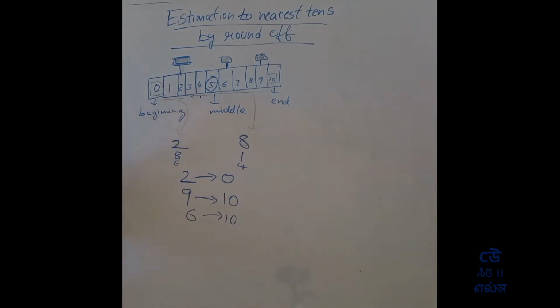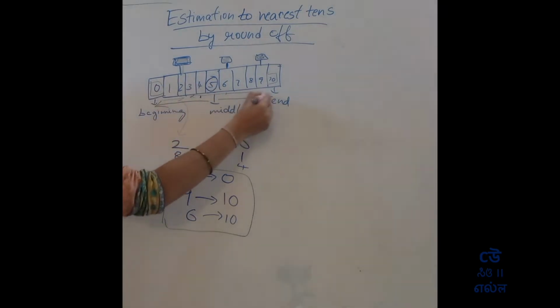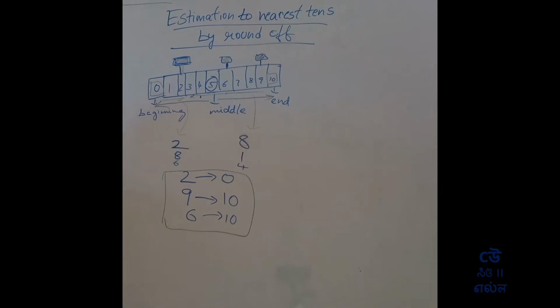If you get a smaller number on the left hand side, then you will round off to 0. If you get a smaller number on the right hand side, you will round off to 10. Understood? If you get 0, 1, 2, 3, 4, you will round off these numbers to 0.